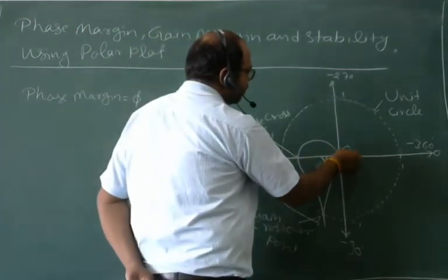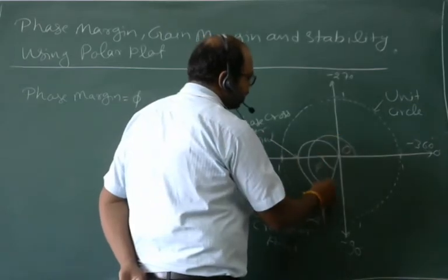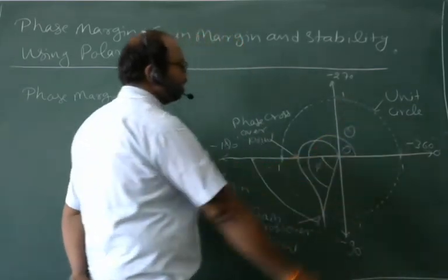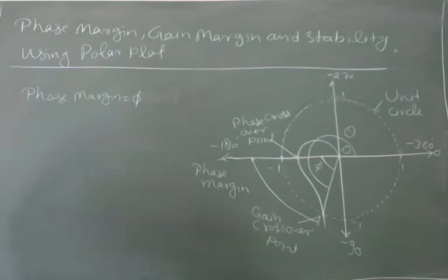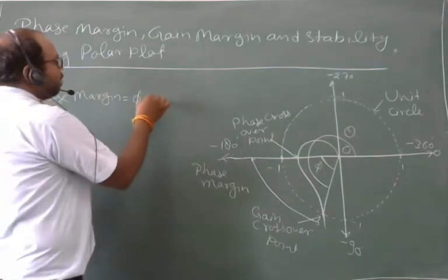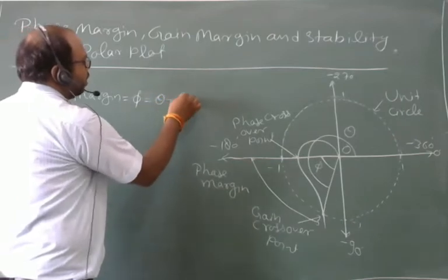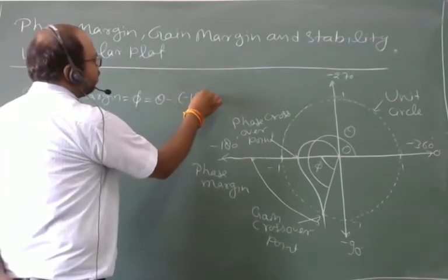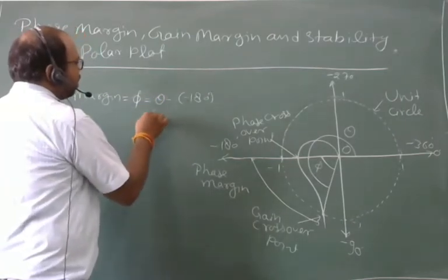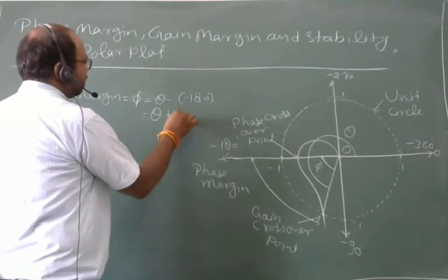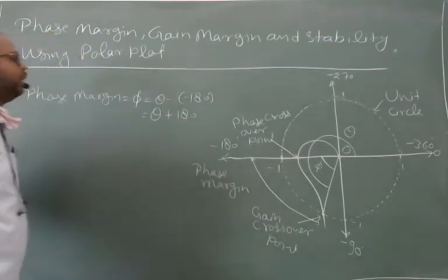And if this angle is theta, then phase margin phi is equal to theta minus 180 degree, or theta plus 180 degree.